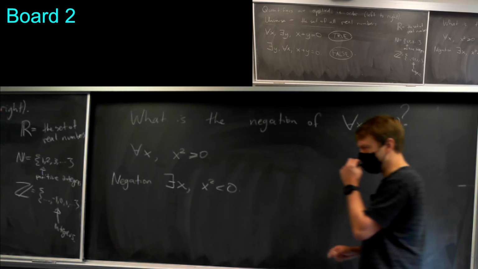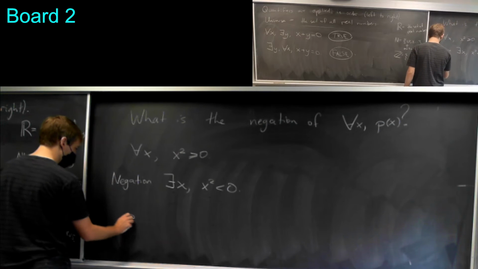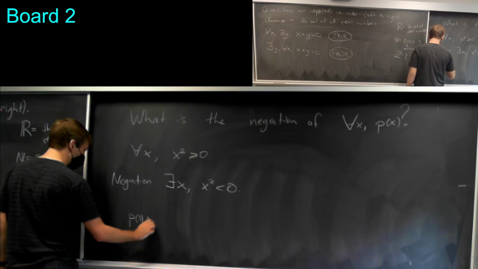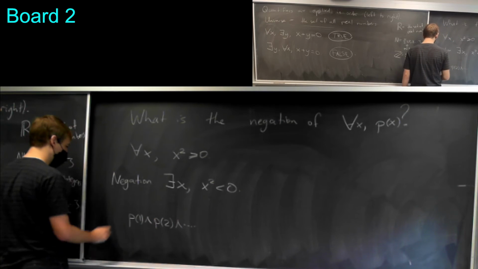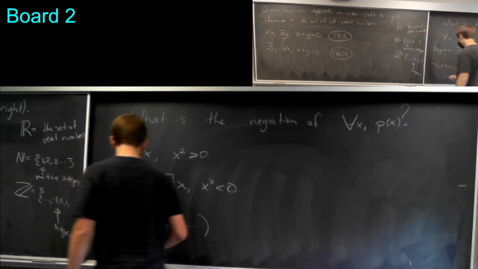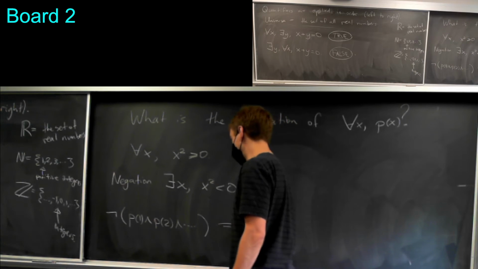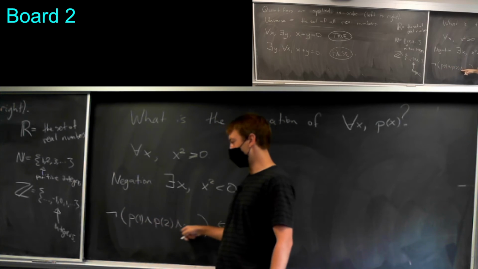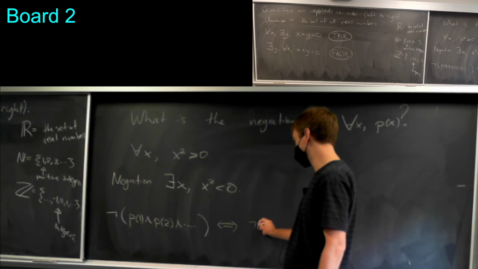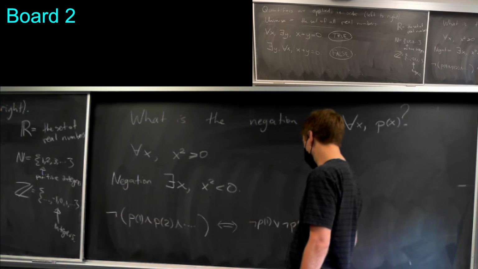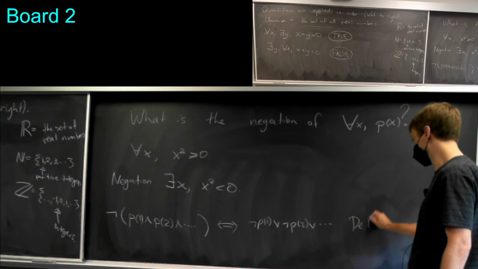Actually, you can think of this in terms of De Morgan's laws. If I have some big AND, say P1 and P2 and so on forever, and I negate that, De Morgan tells me that should be the same as negating each individual thing and putting ORs between them: not P1 or not P2 or dot dot dot.